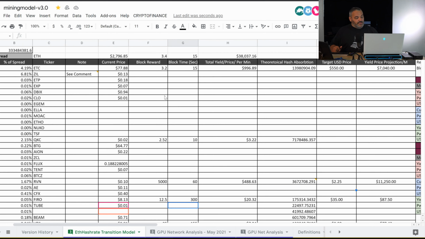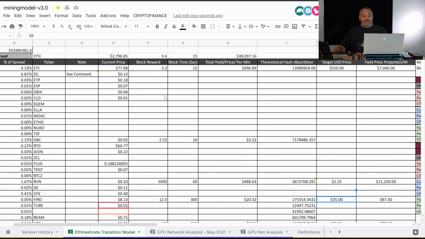When we look at something like Firo, it has 12.5 coins per block and a block time of 300 seconds. So you're looking at a yield of about $20.32 a minute. And then when I'm looking at theoretical hash absorption here, that is if the 0.05% of the total net hash, for it to absorb that 0.5% net hash, it would have to gain another 175 gigahash equivalent.